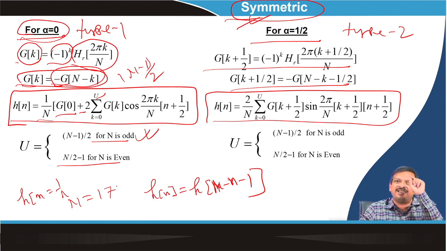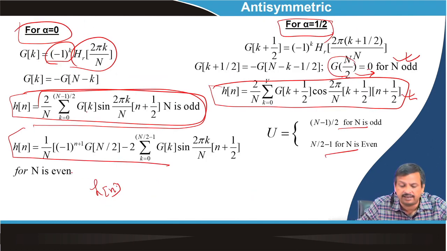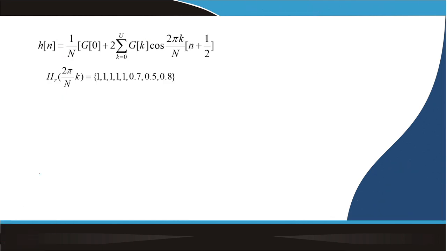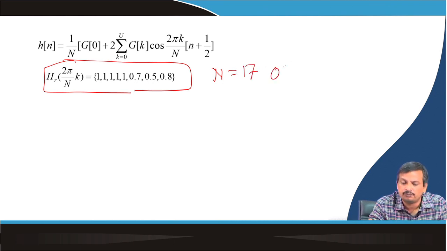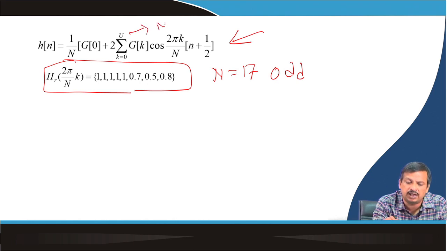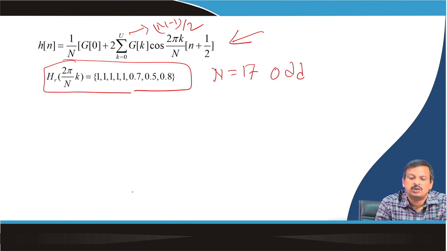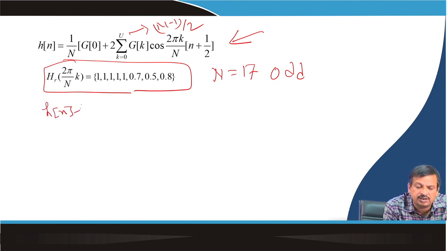Once I get h(n), how many values of h(n) are required? Let us take that equation. This is given where N is equal to 17, odd, and I get this equation. I know U is equal to N minus 1 divided by 2. Now, I am calculating h(n) using this equation.